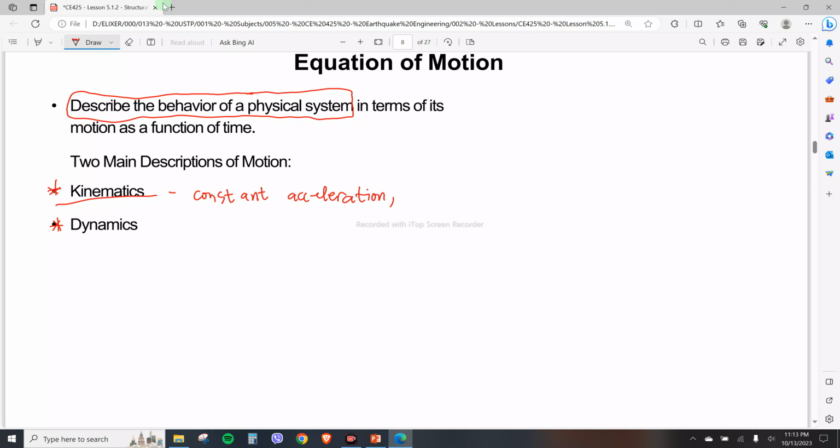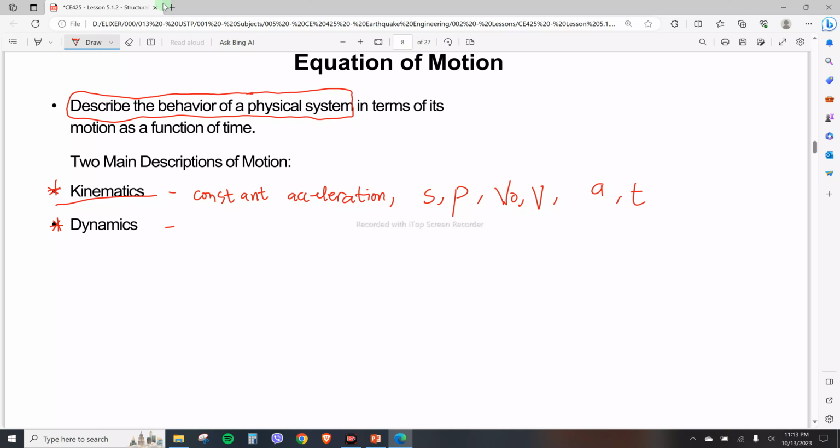In your dynamics of rigid bodies, you have the displacement or the position, your initial velocity v naught, the final velocity, and also the acceleration and the time.